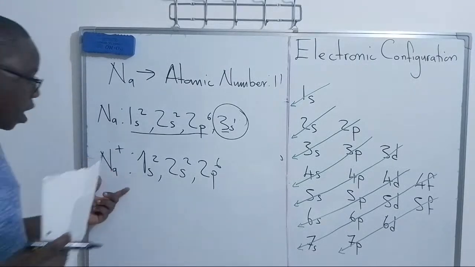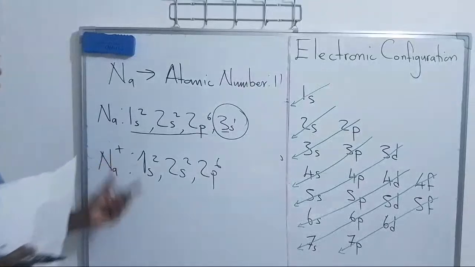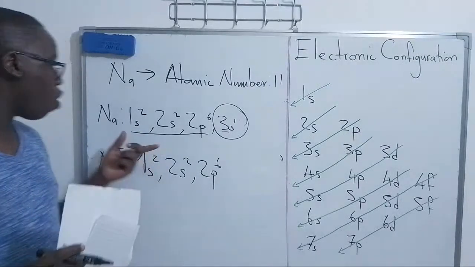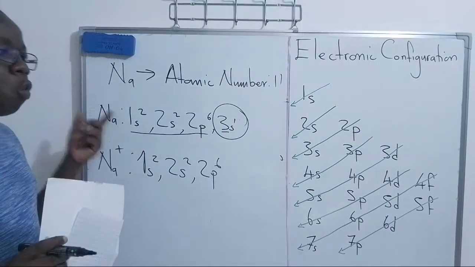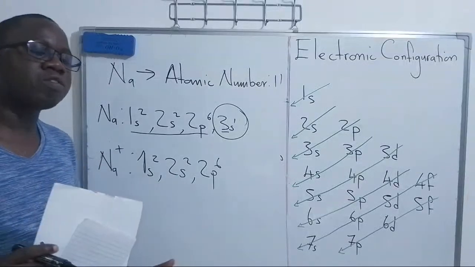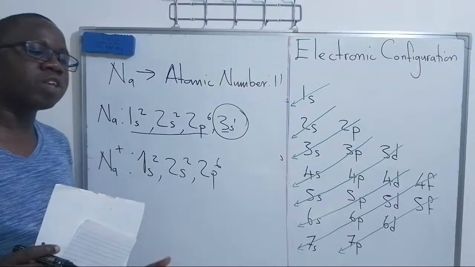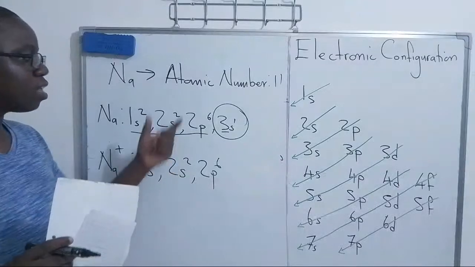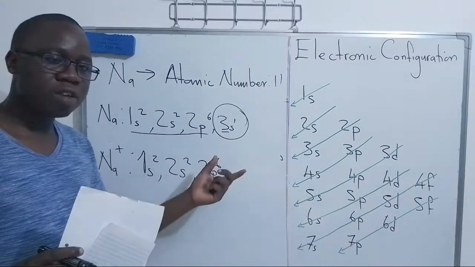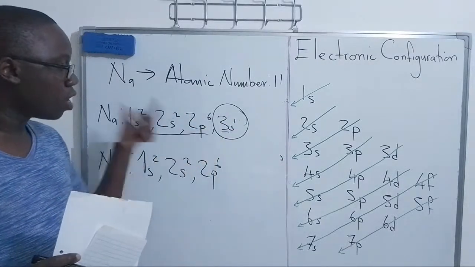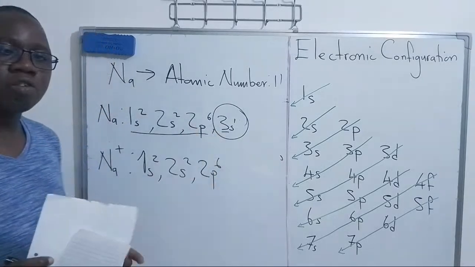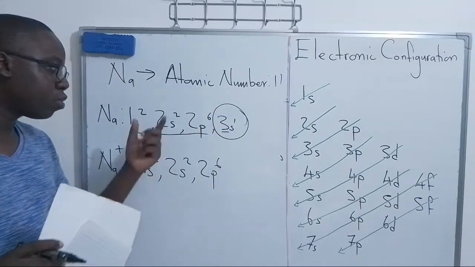So remember, ions result from an element wanting to be stable. So these atoms want to be stable, and if it is a metal, it will lose the electrons so that it becomes stable.